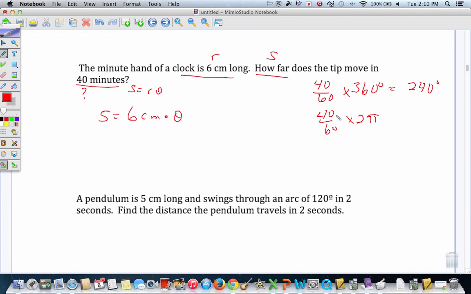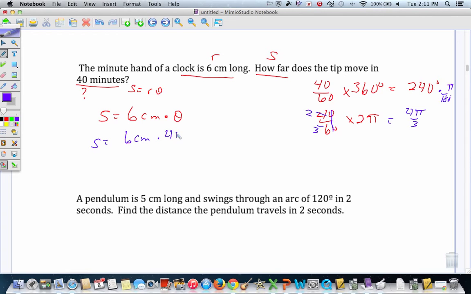And when I take that times 2 pi, let's see the simplifying here. Calculator would probably be just as easy. But I wind up with 2/3 here. So I wind up with 4 pi over 3 radians. I'd have to multiply this one by pi over 180, which would give me the same thing.